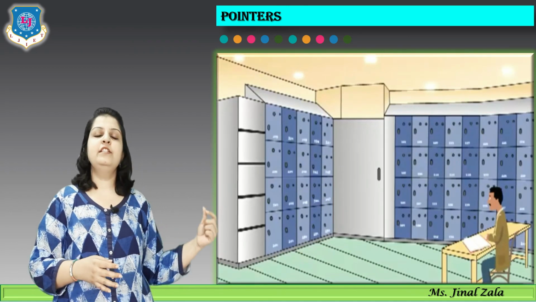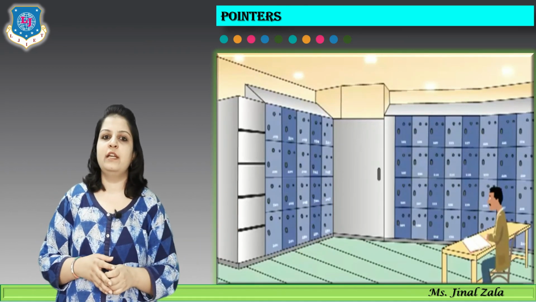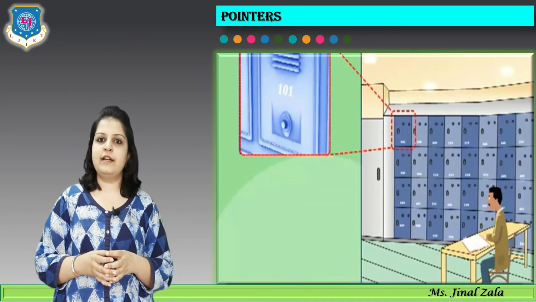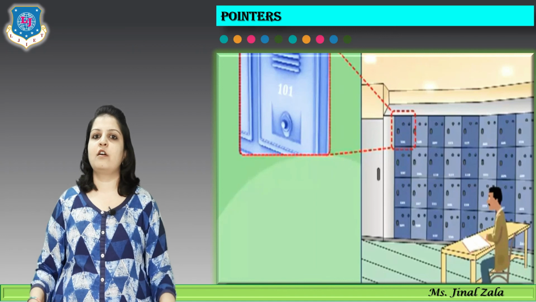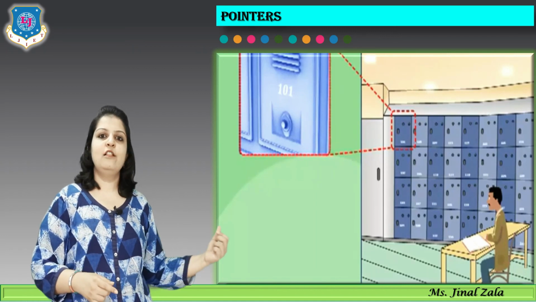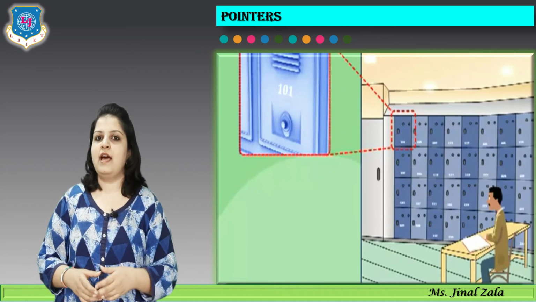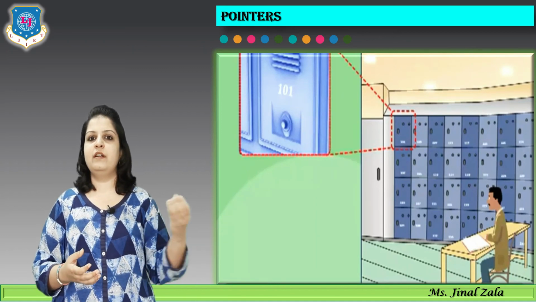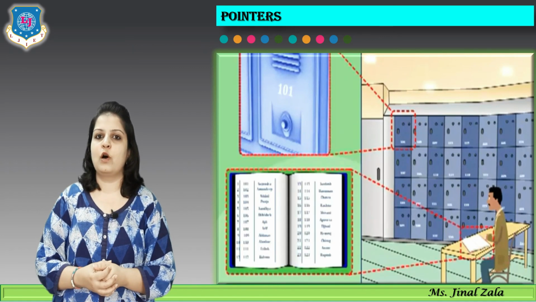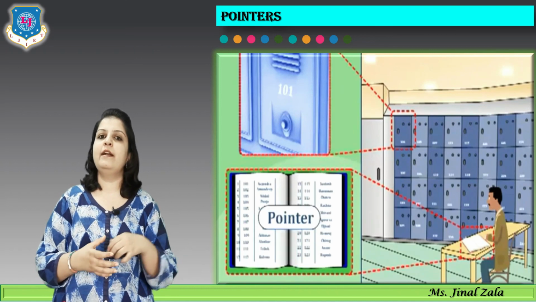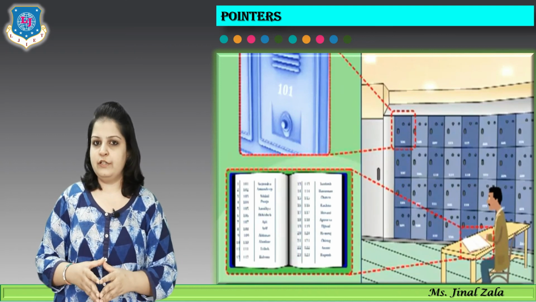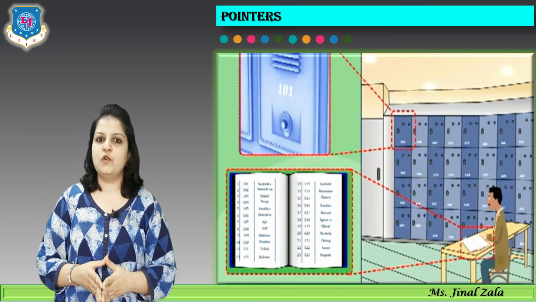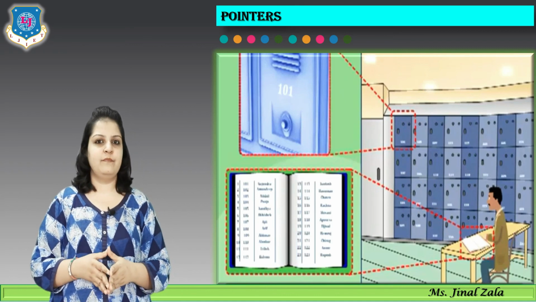And each locker has a particular unique address. So all these different unique addresses are stored in one locker book. So this locker book is considered as a pointer, because in this book we can store different addresses of lockers. So a similar type of concept we are going to learn in pointer, and many advanced topics are also available in pointer.